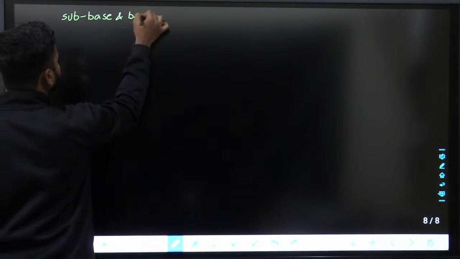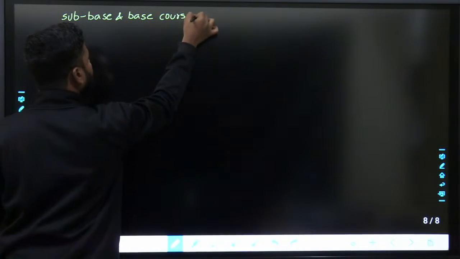and base course. Subbase and base course.